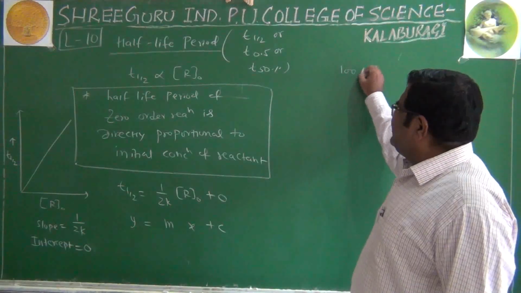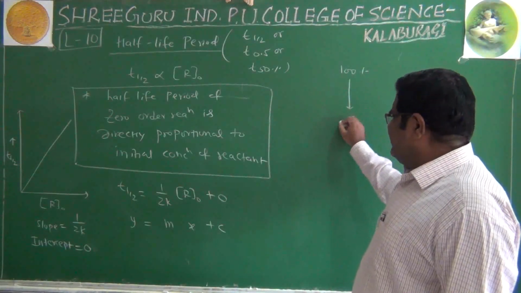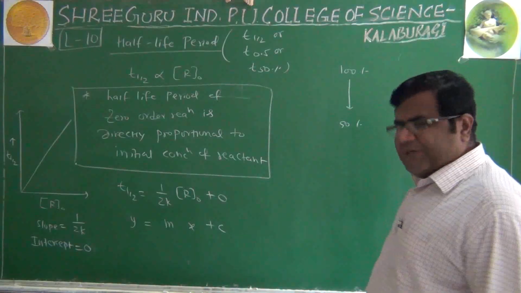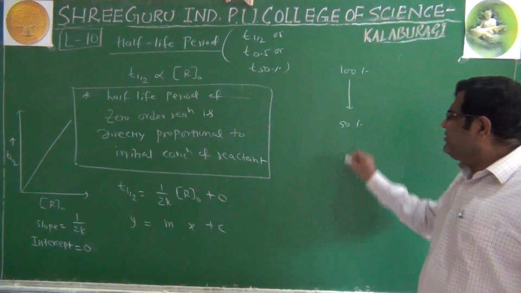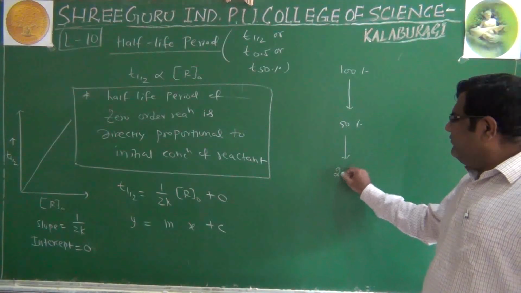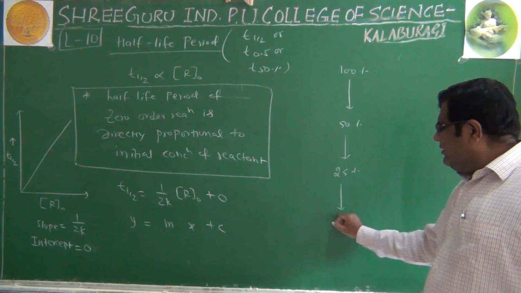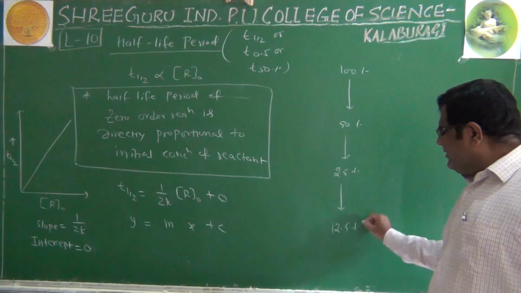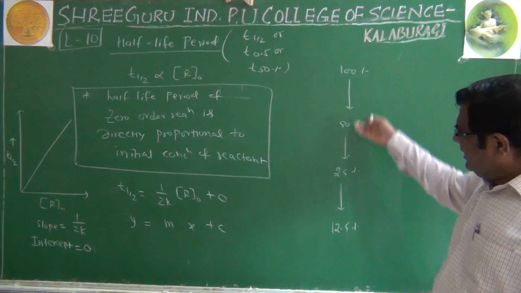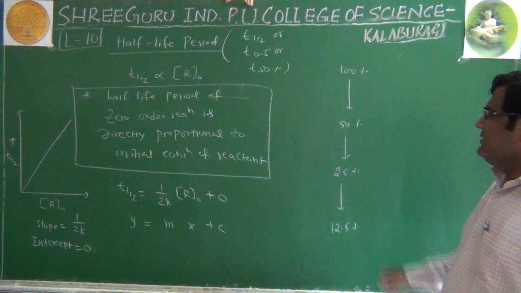If we start with 100% reactant, it becomes 50% in the half-life period, then 25%, then 12.5%. As time passes, the molar concentration of reactant goes on decreasing.